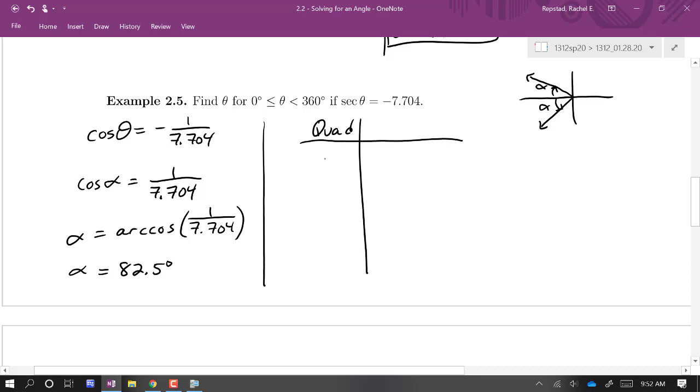We said quadrants 2 and 3. So theta is 180 minus 82.5, and that's 97.5.